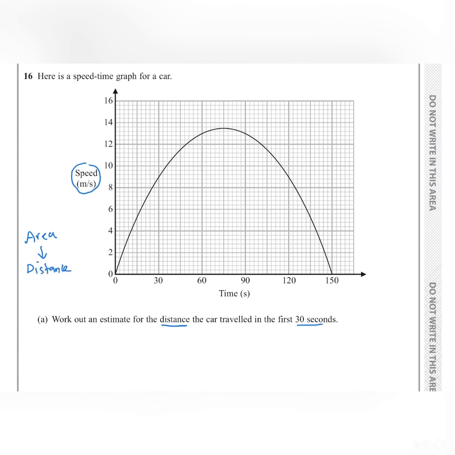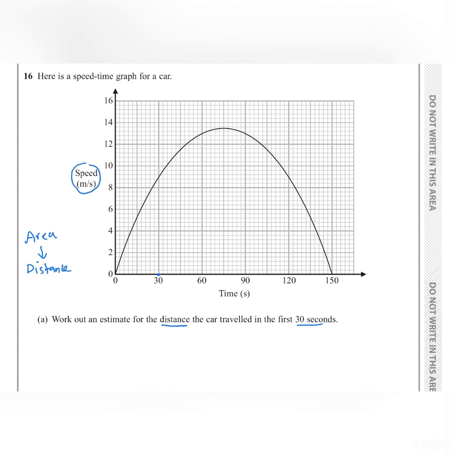Now, normally they will tell us how many different calculations they want us to do, or how many different strips under that graph we need, but it doesn't tell us anything. So we are going to estimate the area in the first 30 seconds. Now, if you look at the scale on the horizontal axis, 30 seconds is here.